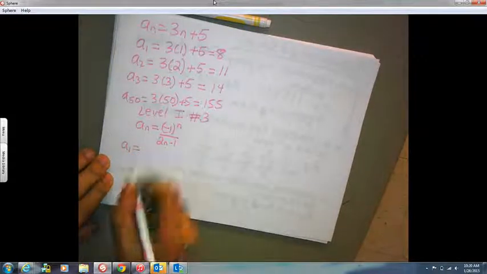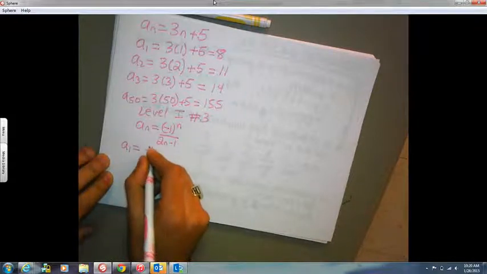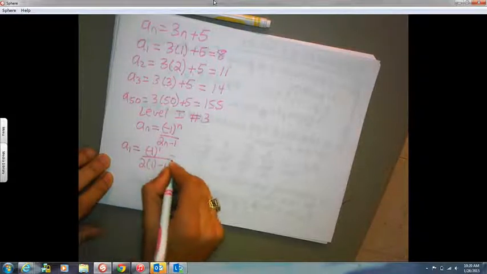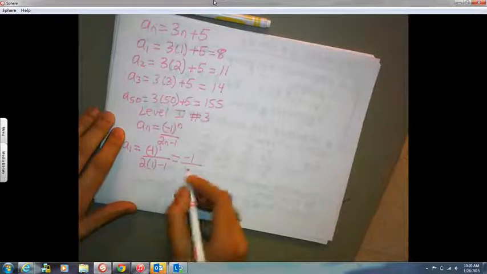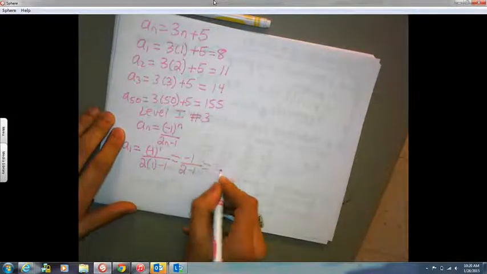So term 1 just means plug in 1 anywhere you see an n. -1 to the first power over 2 times 1 minus 1. -1 to the first power is -1. 2 times 1 is 2 minus 1. So -1 over 1, which is just -1. There's the first term.